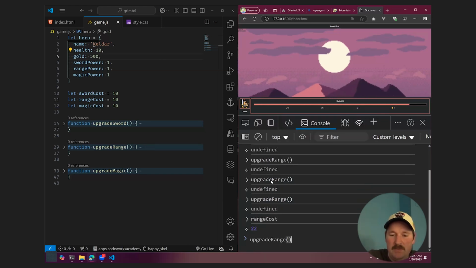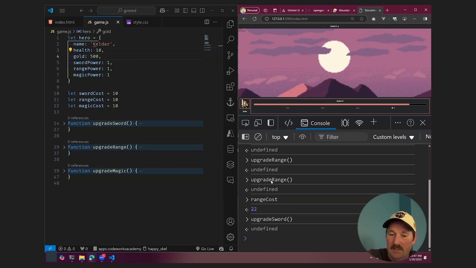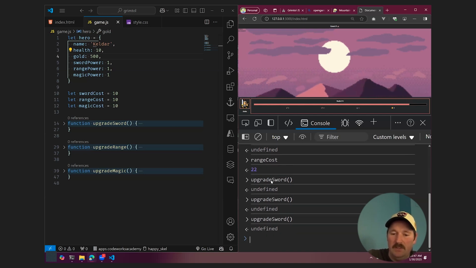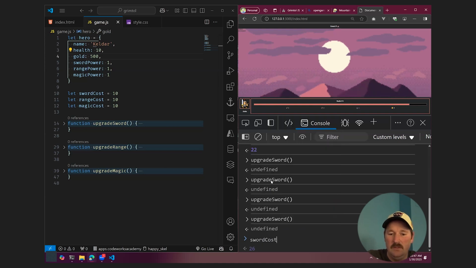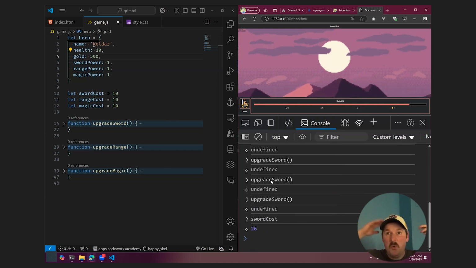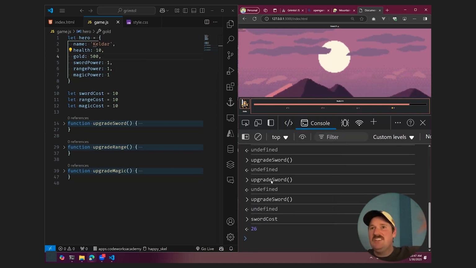And then let's do the same thing for my sword. Upgrade sword. And 1, 2, 3, 4. Let's look at my sword cost. Yeah. So way cheaper to upgrade sword and range than it is to upgrade magic. I think that's totally fair.